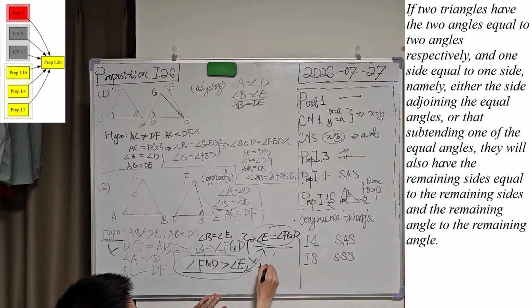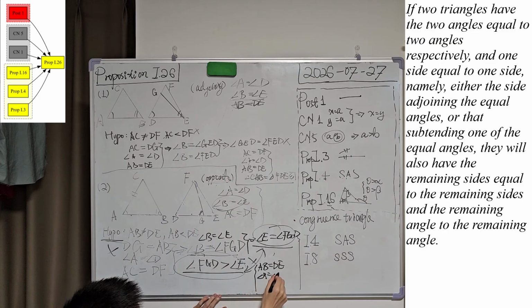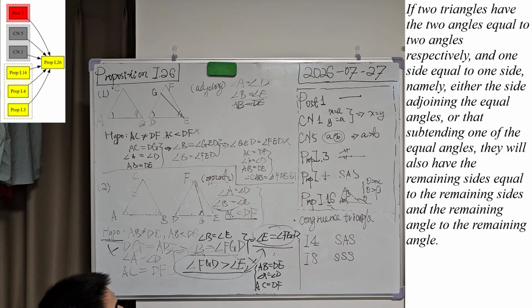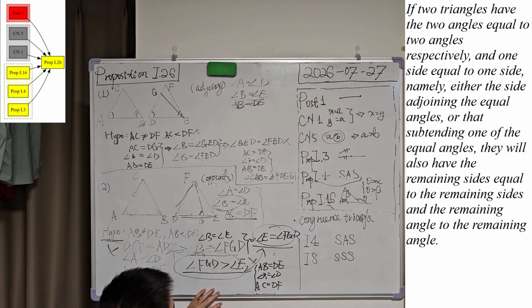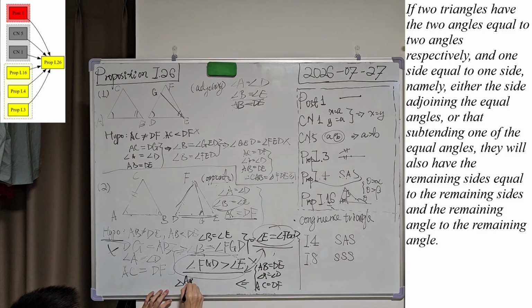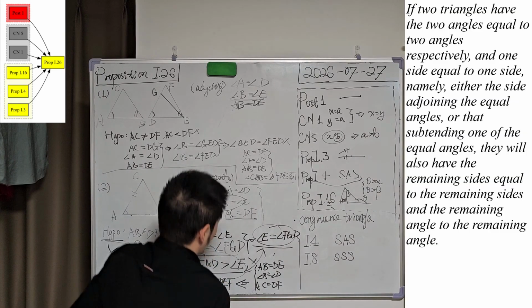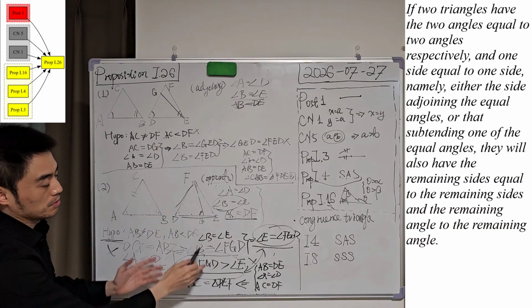So AB must be equal to DE. If we apply AB equals DE, angle A equals angle D, and AC equals DF, the given conditions, and apply proposition 4 again, side angle side, we can imply that triangle ABC is equal to triangle DEF, which means the remaining related angles and related sides must be equal to each other respectively.